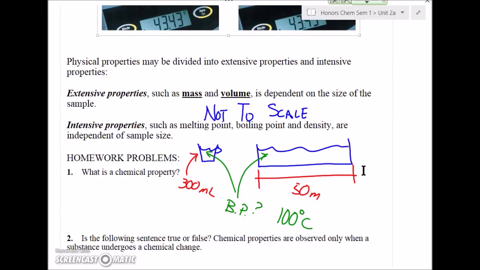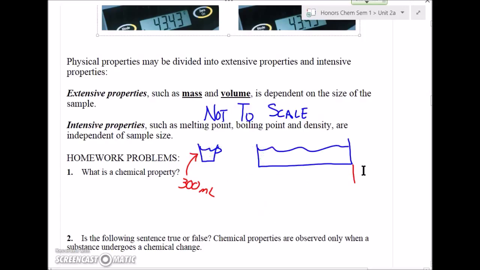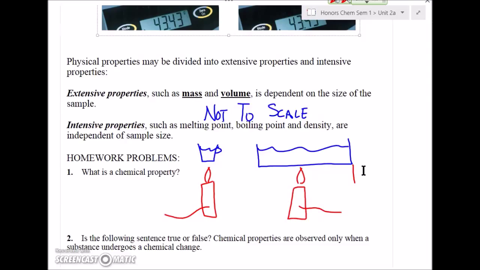However, let's say I take a Bunsen burner, and again, this is to scale, so they're the same size Bunsen burner. If I put a Bunsen burner underneath both of them, so I've got this big amount of water in the swimming pool, and then this coffee cup amount, which one will boil first?